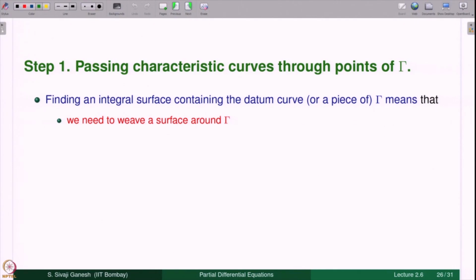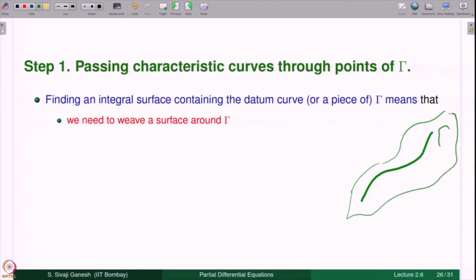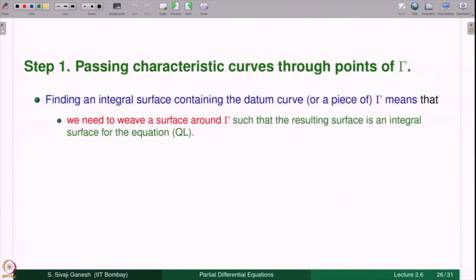Gamma is given to us and we need to find a surface, something like that, a surface yes, such that the resulting surface is an integral surface for the equation.